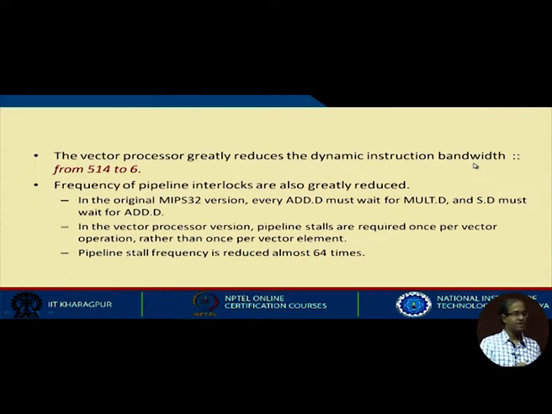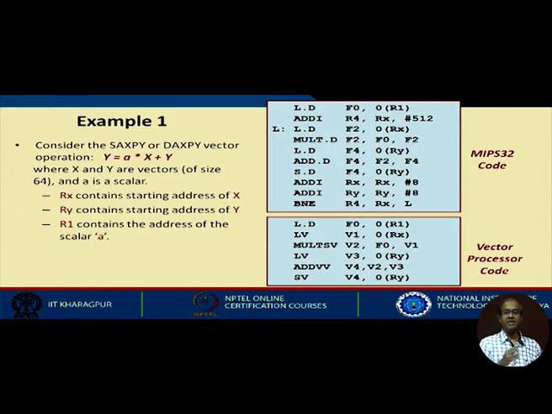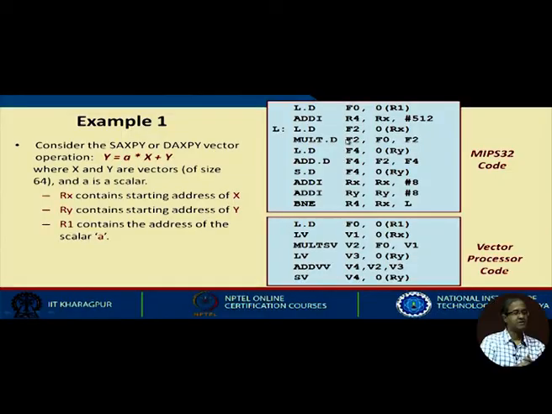What is meant by dynamic instruction bandwidth? It is equal to the number of instructions that are actually getting executed. Let us look at the MIPS32 code version. Here the loop was this 1, 2, 3, 4, 5, 6, 7, 8. There are 8 instructions in the loop and the loop was going 64 times.